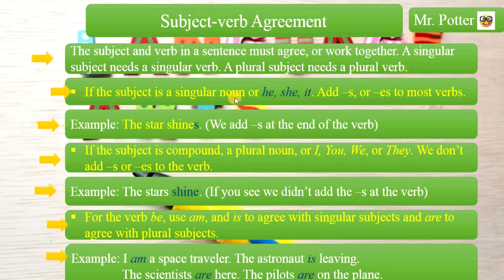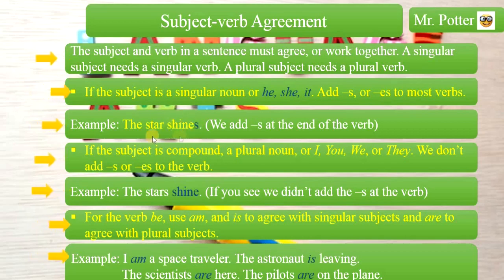If the subject is a singular noun, or he, she, it, add s or es to the verb. When we are talking about a singular noun, we are referring to only one. Example: the star shines. We add s at the end of the verb. What is the verb? Shines.